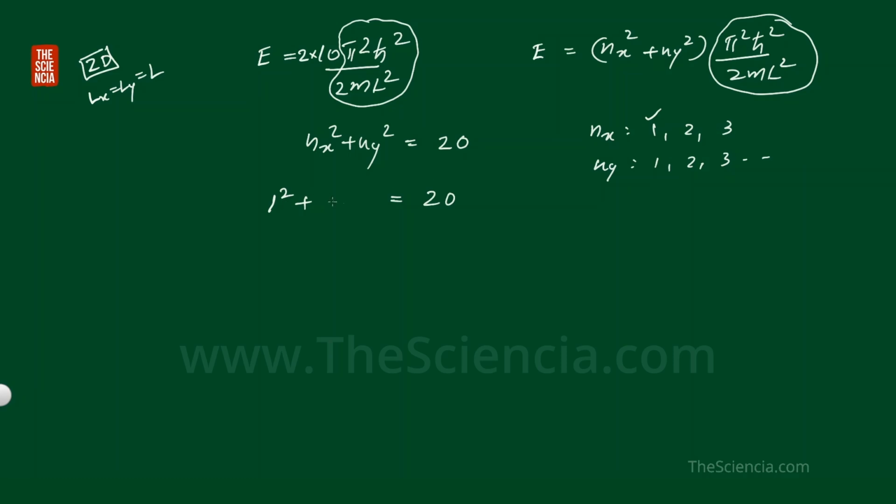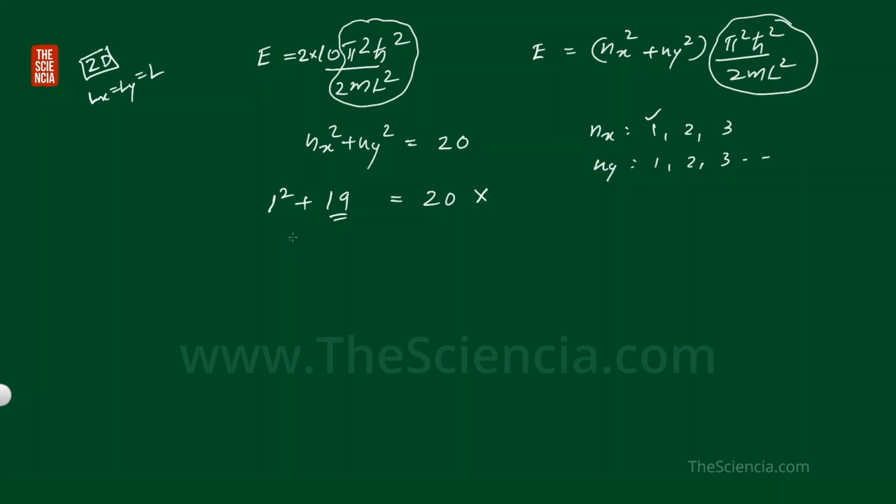So the remaining term is 19, right? And you check, is it possible to write this term as a perfect square? If it is not possible, then nope, this combination never exists. That is, here nx is 1 and no value of ny will give 20.